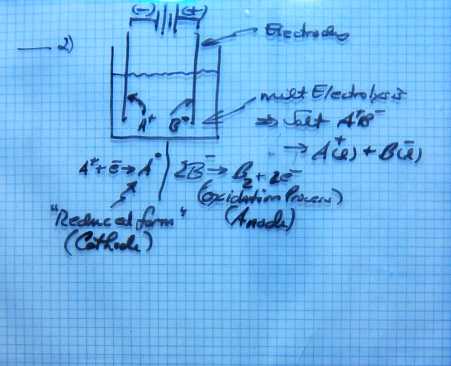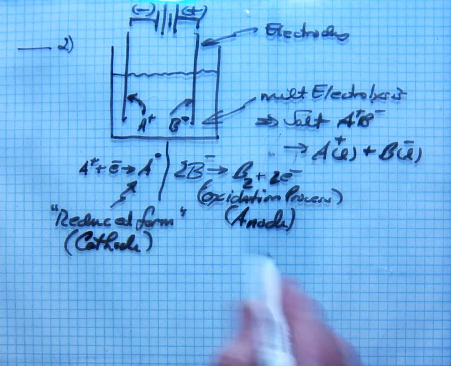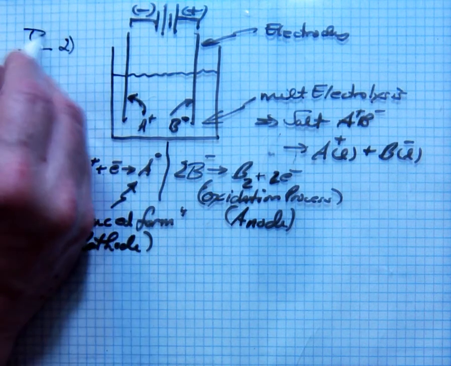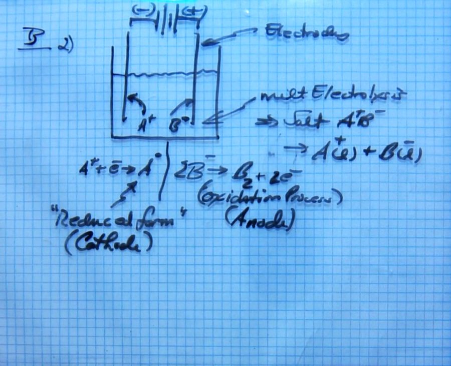But still, the oxidation will take place at the anode, sorry, and then reduction is the cathode. But it'll be opposite charges to what you see in the electrolytic cell. So the reaction at the cathode is B choice in here, reduction. And the anode is the oxidation.